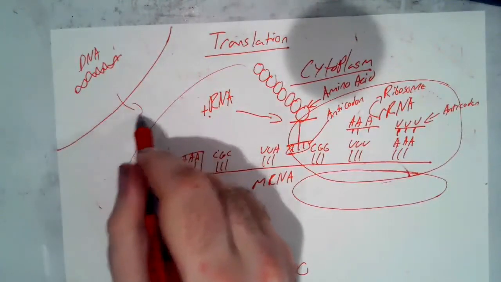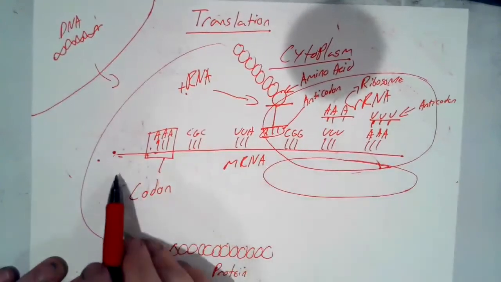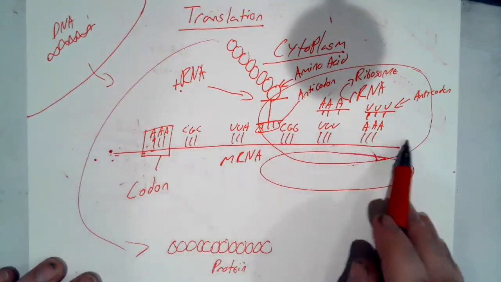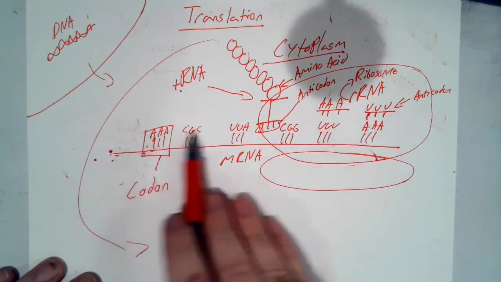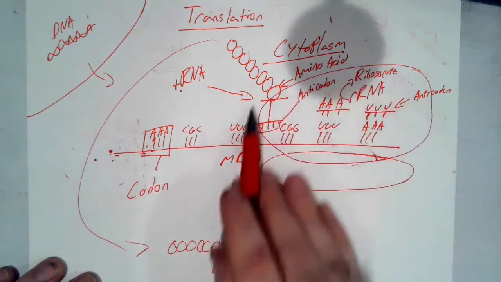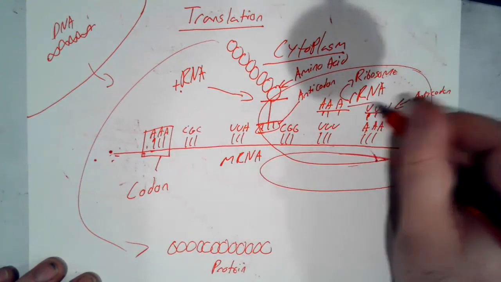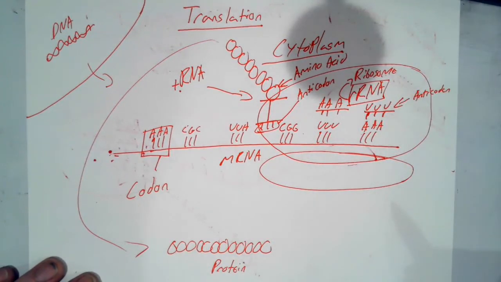Once it exited the nucleus, it came out of here, then this mRNA strand had codons on it. Well, it had codons before it left the nucleus, but still, codons on it. Hooked up with this big old ribosome that comes in two parts, and it is made out of rRNA.